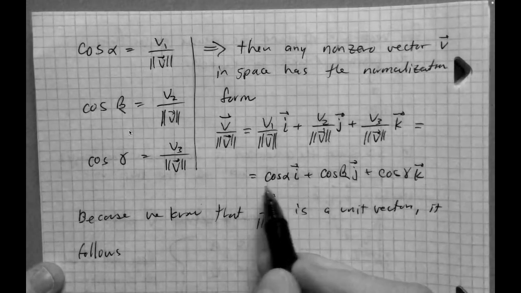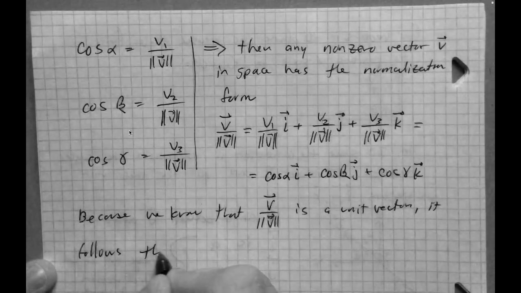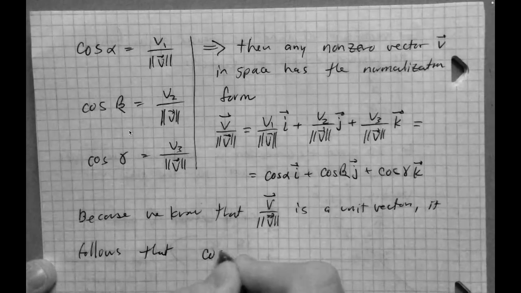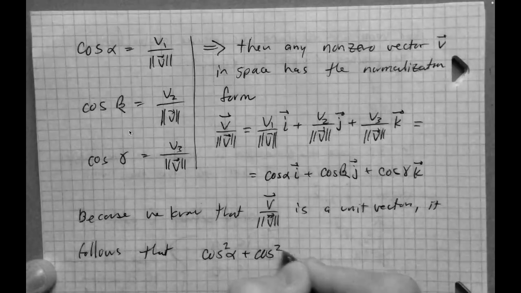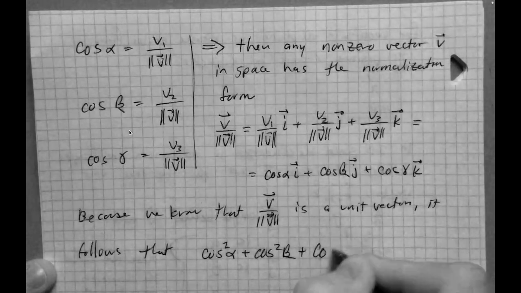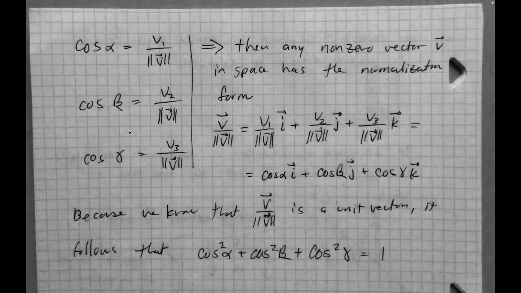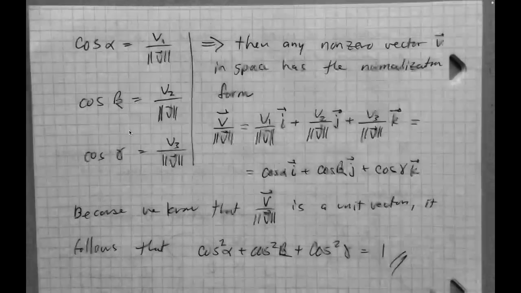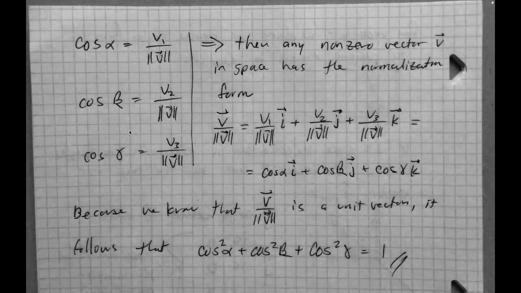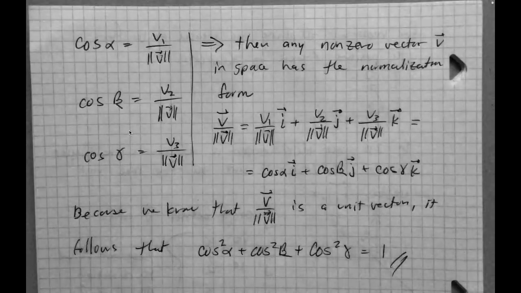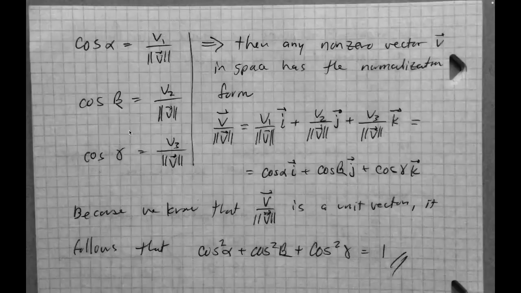Which means when we square this whole thing and take the square root, we get the following: cos squared alpha plus cos squared beta plus cos squared gamma equals 1. And that's nice, because you can think of that as an extension into 3D space of the Pythagorean identity. Not exactly the same thing, but it very much rhymes.